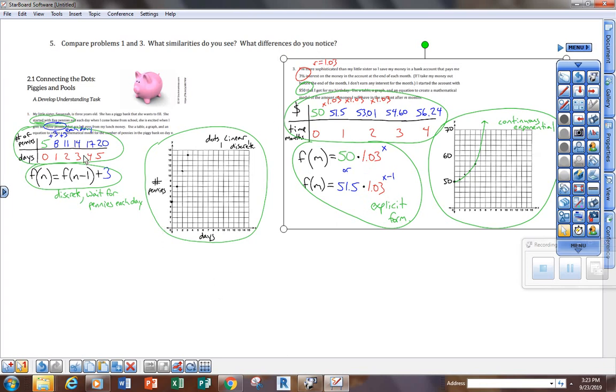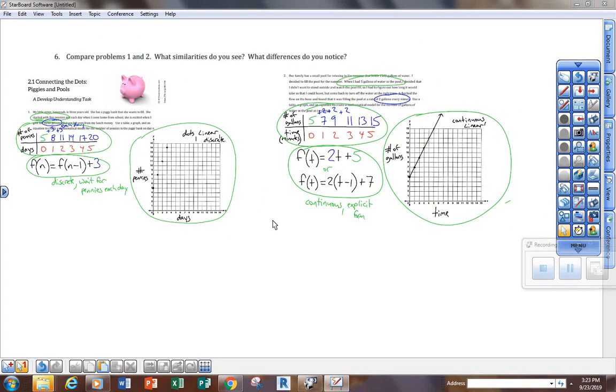Differences for sure. This linear one is a straight line. This exponential one, curved line. Another difference. This one uses the recursive function. This one uses the explicit function. Another difference. This is adding by 3. This is timesing by a number. Another difference. No exponents in this equation. This equation has exponents.